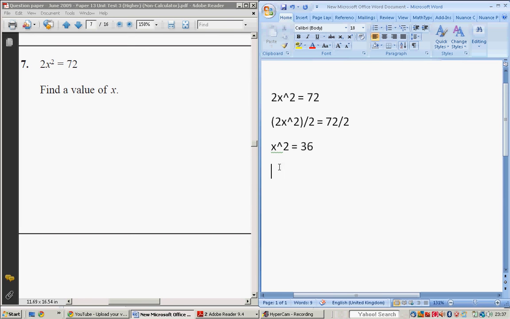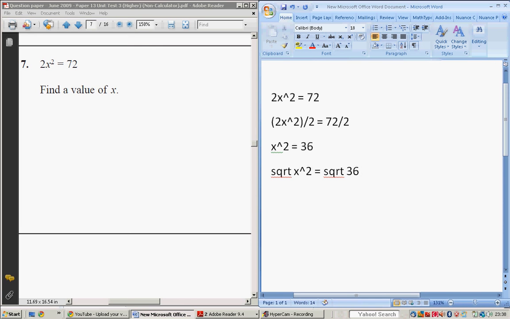So we do the square root of x to the power of 2 equals, and what we do to one side we do to the other in order to keep the equation balanced, so it stays equal to the square root of 36.